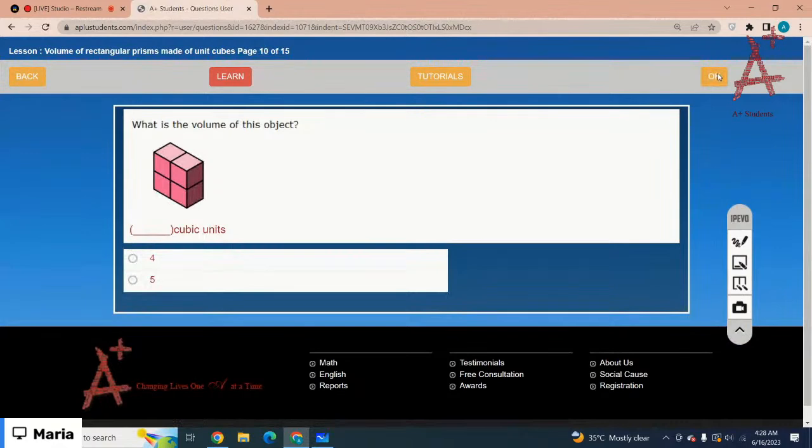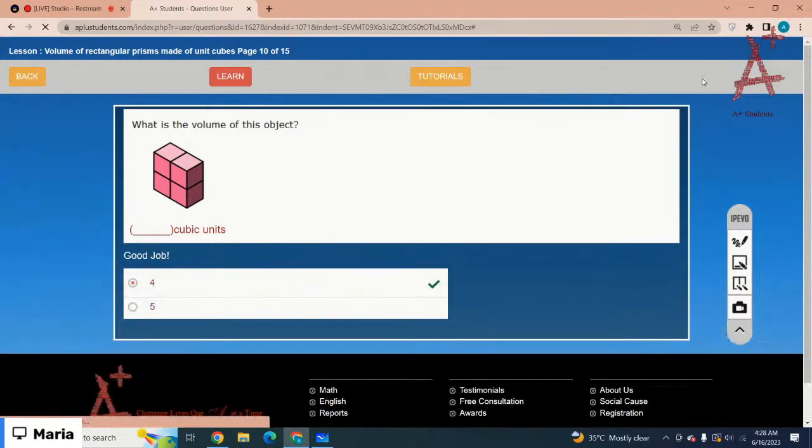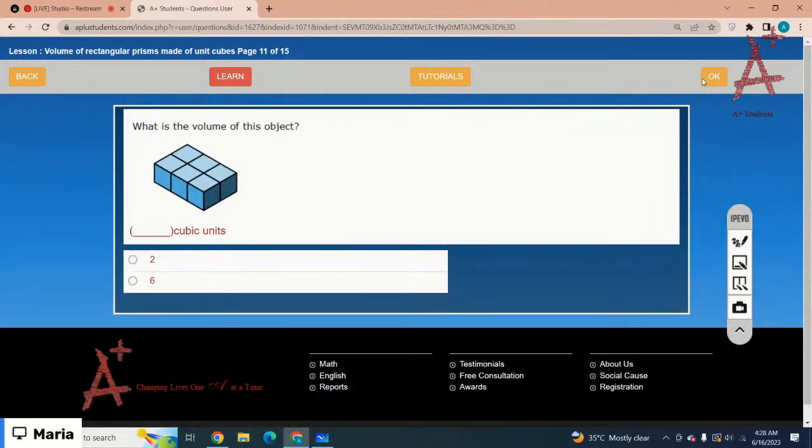So which is the correct option? That would be 2 times 2 equals 4. What is the volume of this object? It would be 2 times 3 equals 6. So that would be 6.